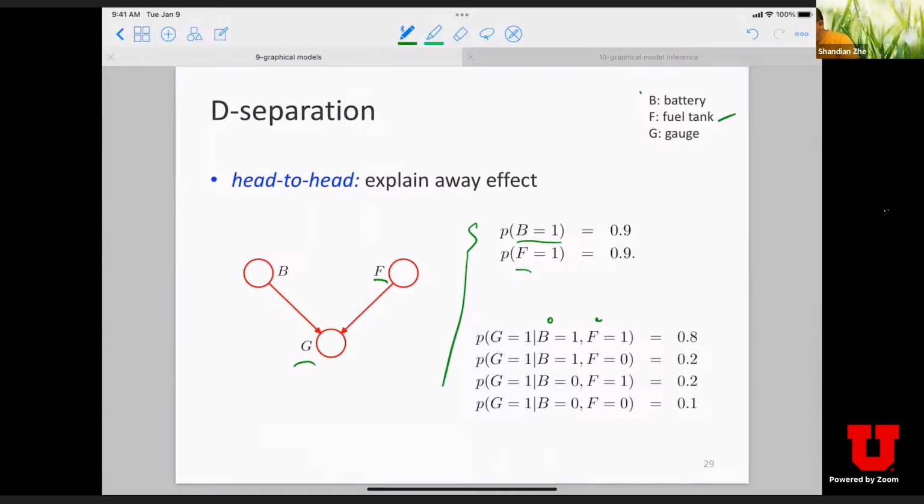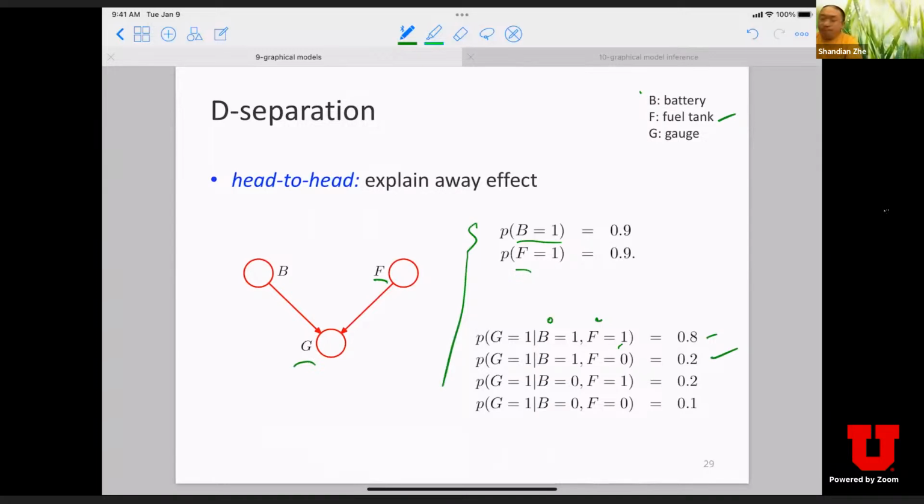For example, given the battery is alive, meaning your sensor most probably is working properly, and given your fuel tank is not empty, then your gauge reading has a large chance to be non-zero, so we set it to be 0.8.